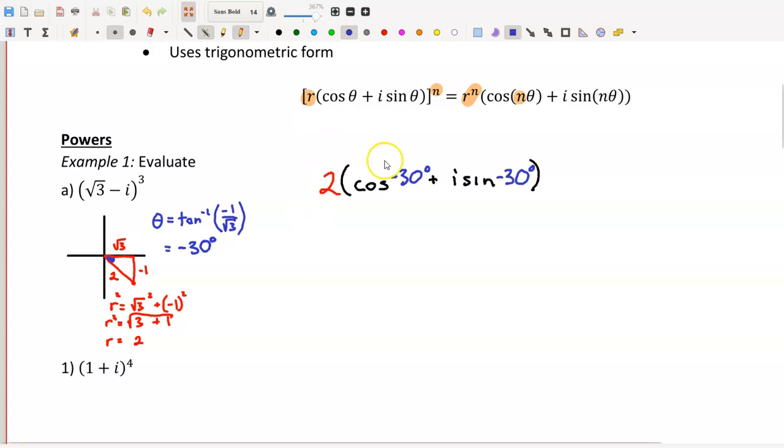Now you could apply the actual rule. Oh no, we forgot one thing. We have our exponent to the third power, so that's to the third power. Need that. So we have 2 to the third. All right, and then we'll have cosine, leave a little more room, i sine.